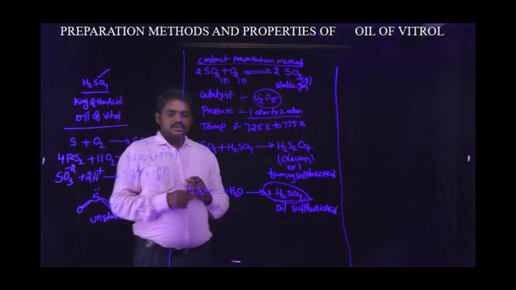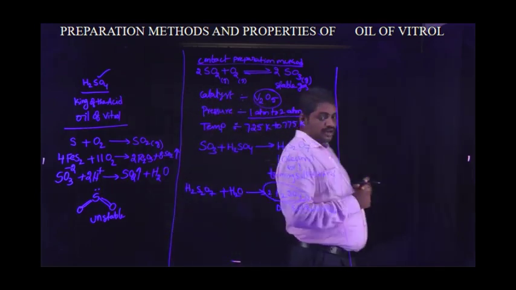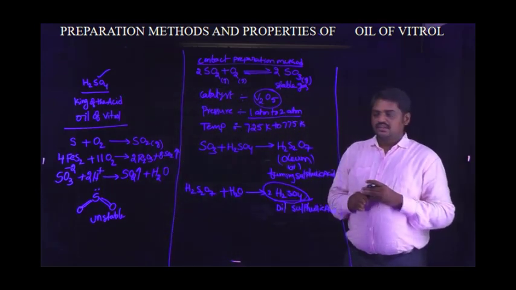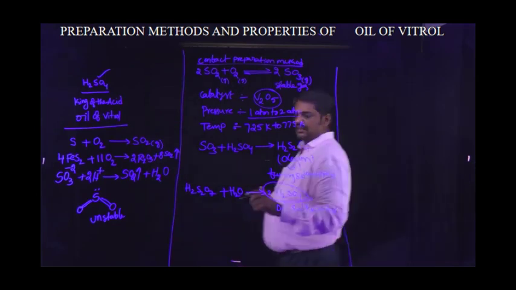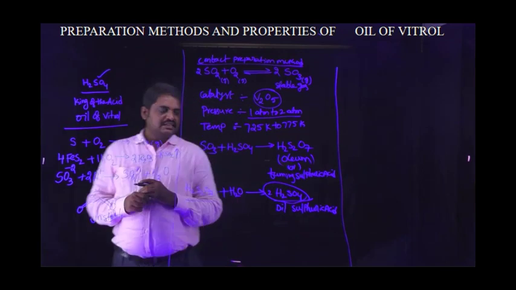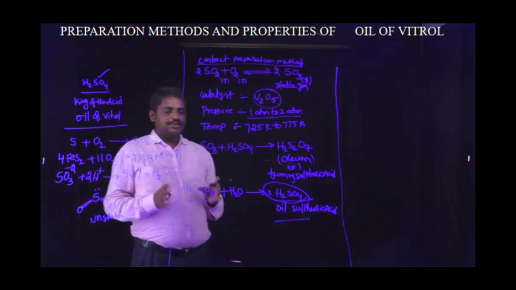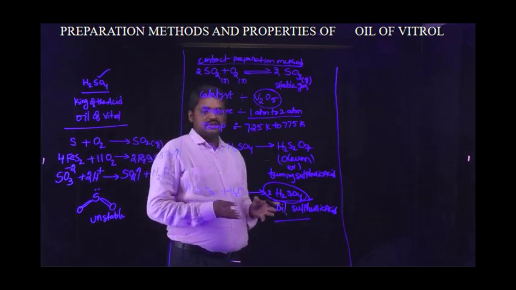So this is a highly concentrated acid, the king of the acids. The fuming sulfuric acid exists in the gaseous state in nature, and the dilute sulfuric acid exists in the liquid state in nature. These are the preparation methods and some properties of sulfuric acid.